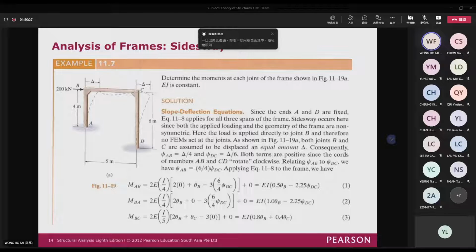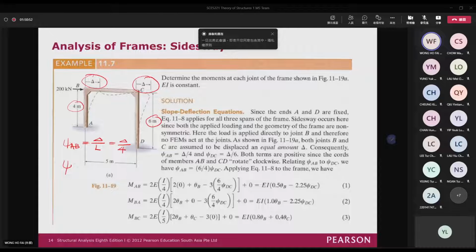Now, for the phi AB here, that means actually it is the delta divided by L. Delta is this deformation, and L is the length. And then you can see that it is equal to delta divided by 4. And then for the member CD, you can see that there's delta and there's the length here.